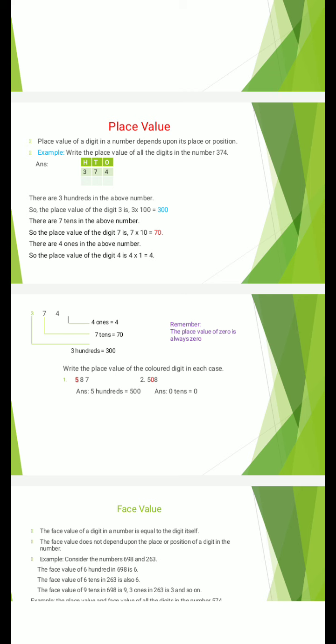So the place value of 3 is 3 into 100 equal to 300. The place value of the digit 7 is 7 into 10 because the digit 7 is on the tens place. So the place value of 7 is 70.